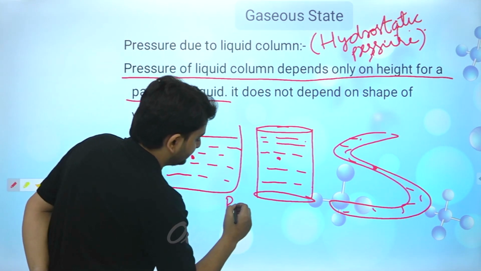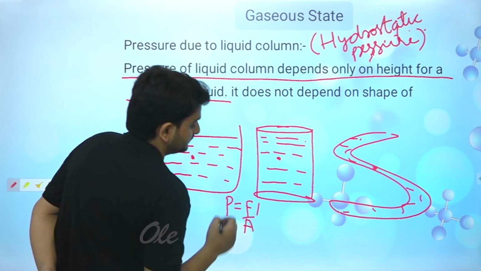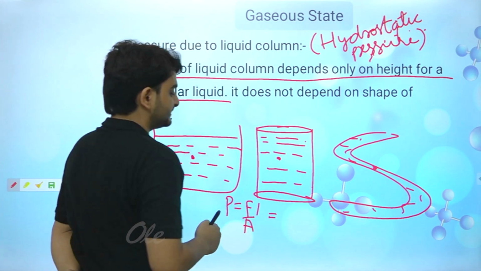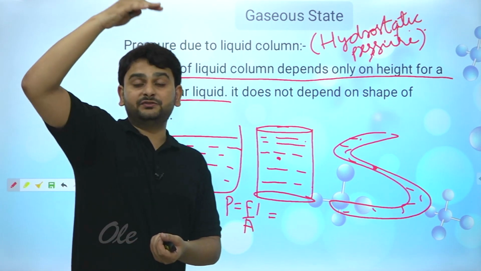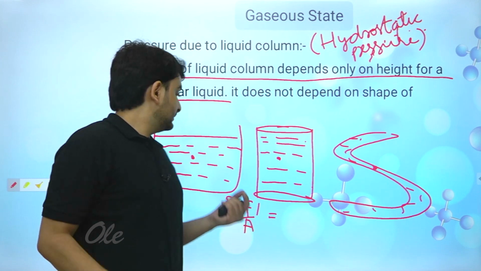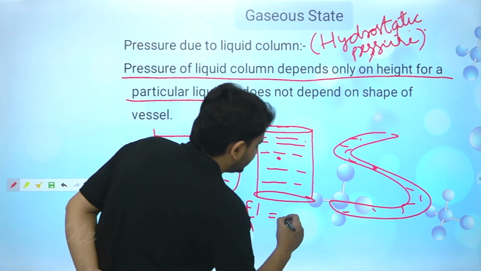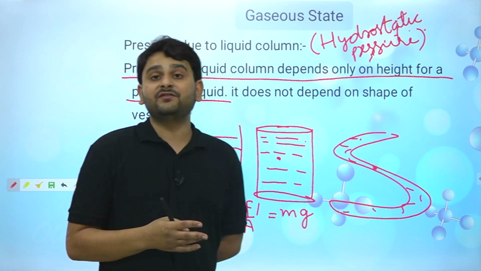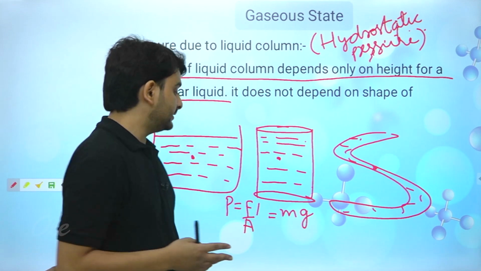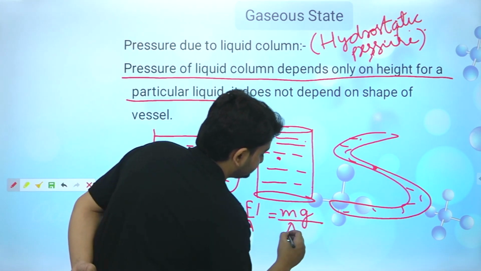Because pressure is force upon area. Force in this case will be the force exerted by the liquid which is above this point in the container. So it will be mg, where m is the mass and g is the acceleration due to gravity, which is 9.8 meter per second square. And then there will be area.